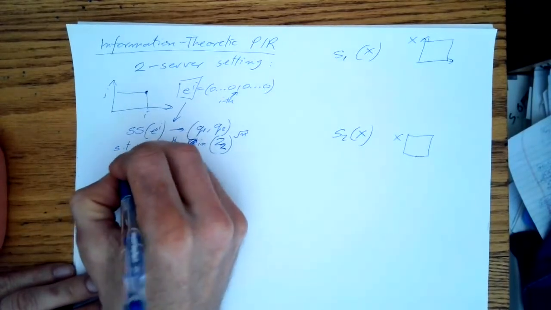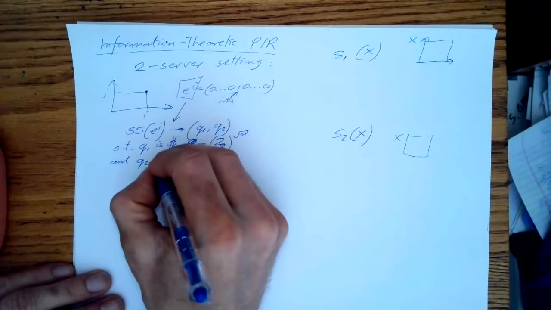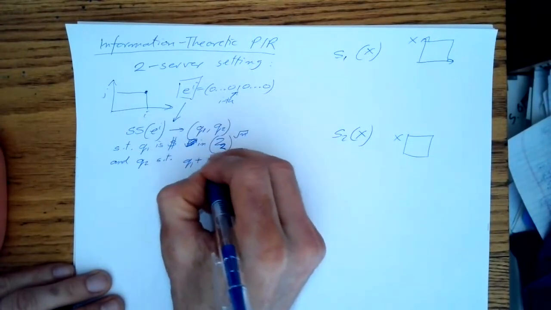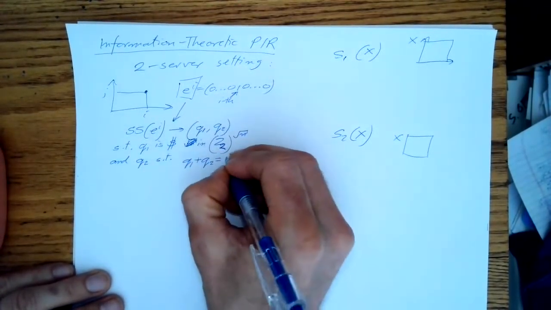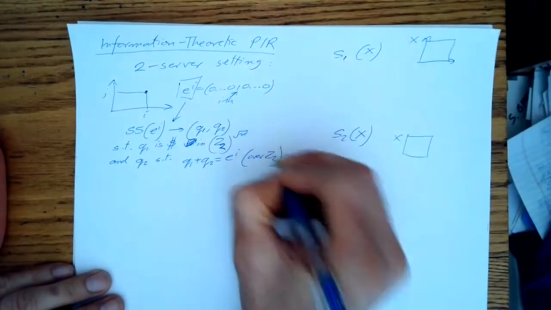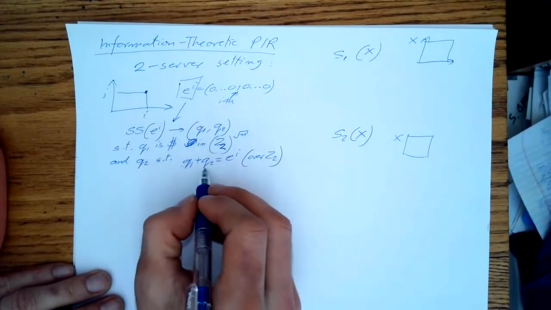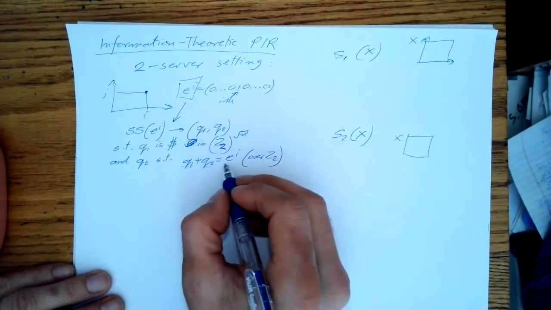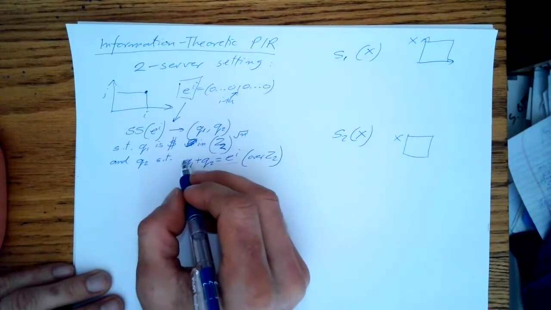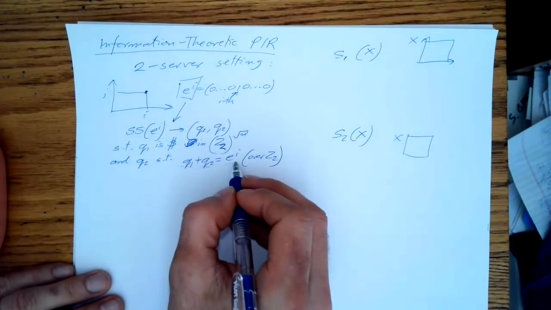And Q2 satisfies the constraint that Q1 plus Q2 is EI, and this is over Z2. So this is a vector, this is a vector, and they sum up to this vector. This one is chosen at random, and this is the difference between this and that.